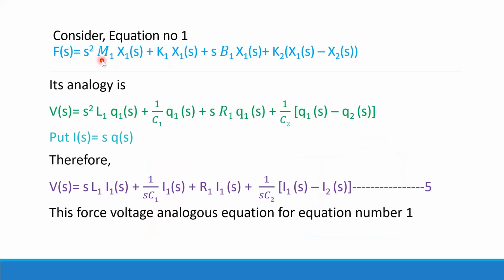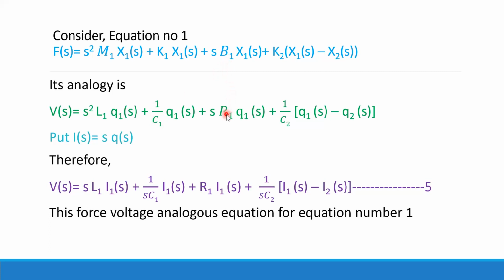Will get replaced by inductance, x1 displacement will get replaced by charge, k will get replaced by 1 by capacitance, b, that is your damper, will get replaced by resistance.